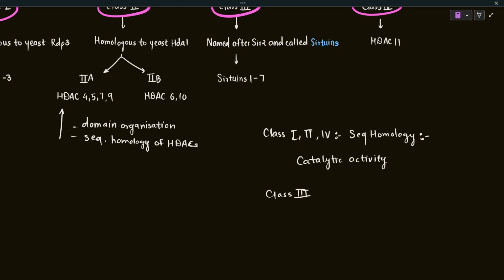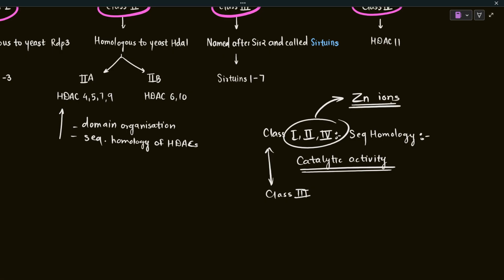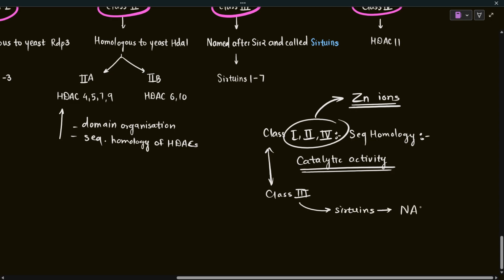Class 1 to 4 do not require any cofactor, but they require zinc ions for their functioning, while class 3, the sirtuins, require NAD plus as a cofactor.